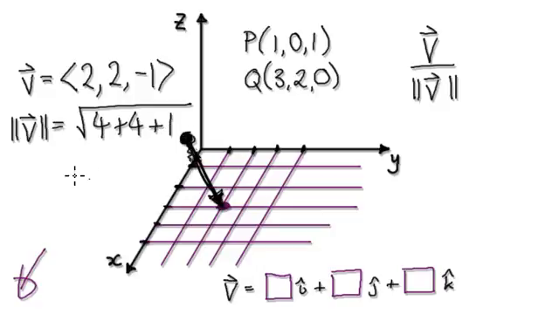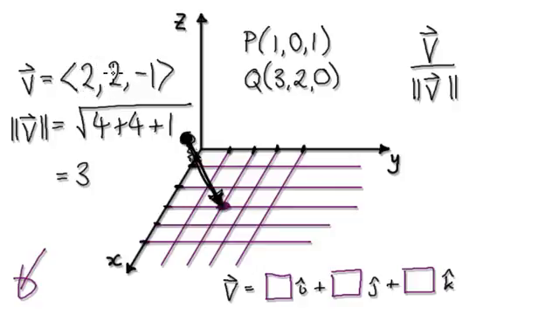So that would be root 9, which would be 3. So this is our magnitude. So basically, if we get our vector divided by the magnitude, which is 3, that will then give us our unit vector.